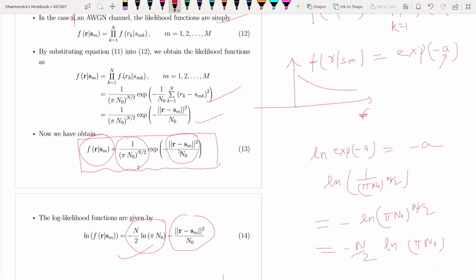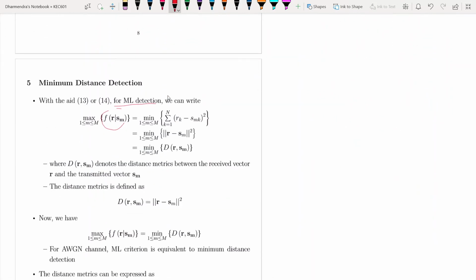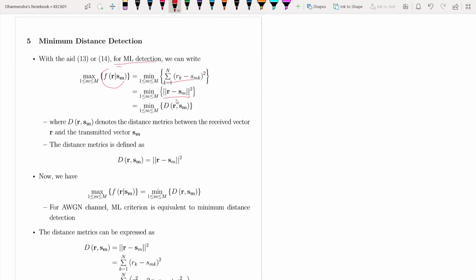So for ML detection, maximizing the likelihood equals minimizing this, which can be defined as a distance metric. In maximum likelihood, in place of maximizing, we are minimizing this, which can be treated as the Euclidean distance between the received vector and the transmitted signal vector Sn.